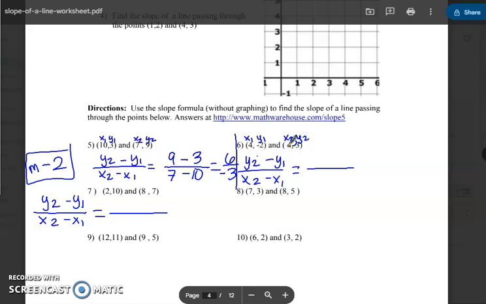So y2 is the first thing I want. That should go first. That's 3, and then I put a minus. y1 is a negative 2. x2 is right here. I have it labeled. Minus, and then x1 is 4. Oh, I'm glad I did this one.